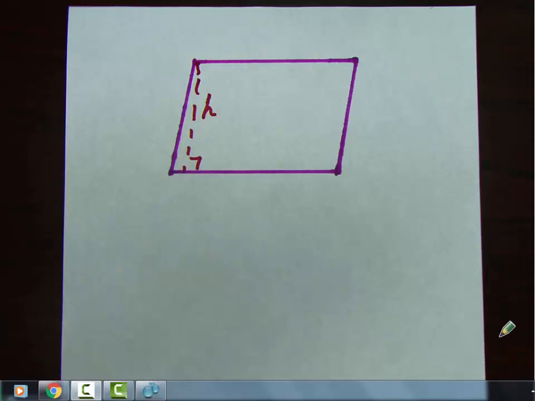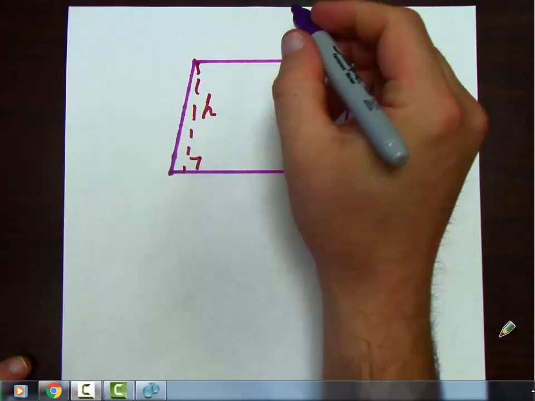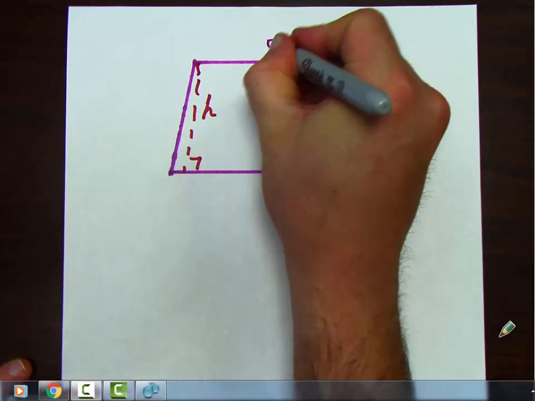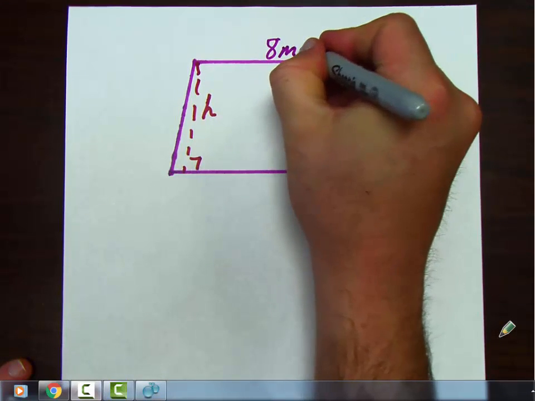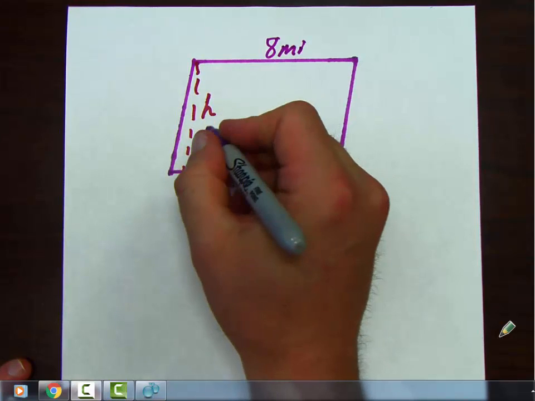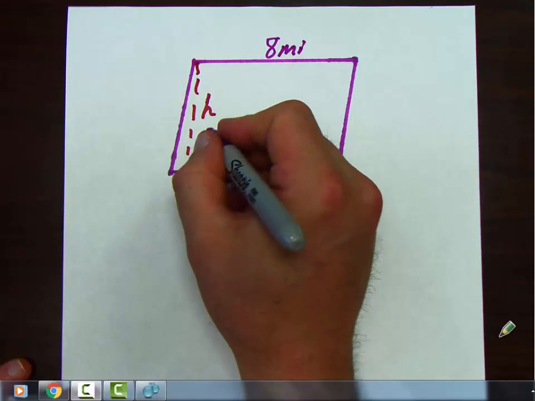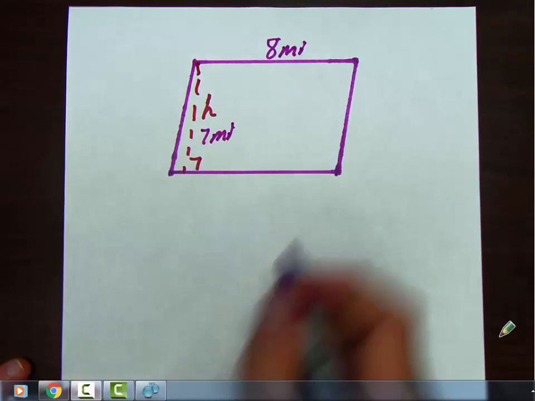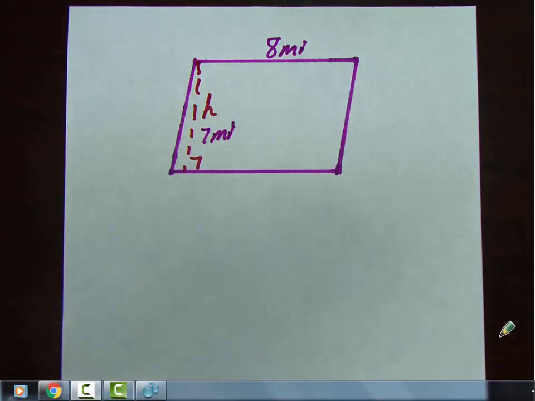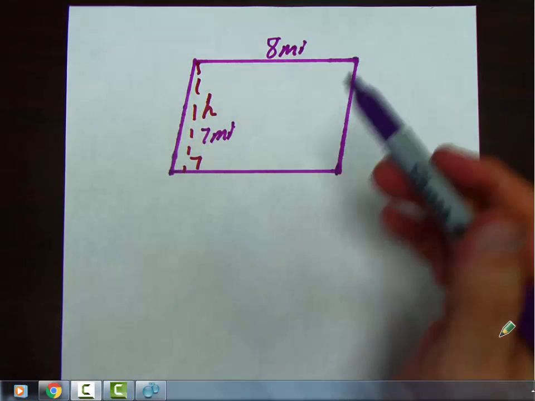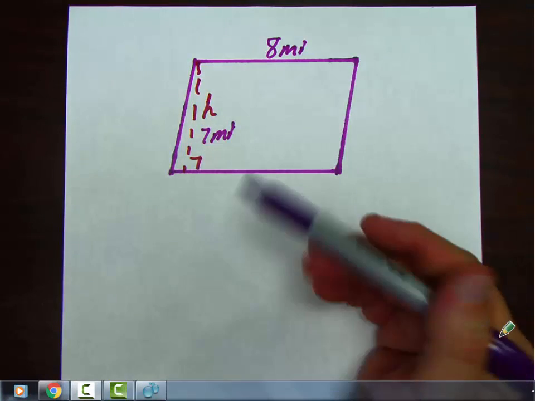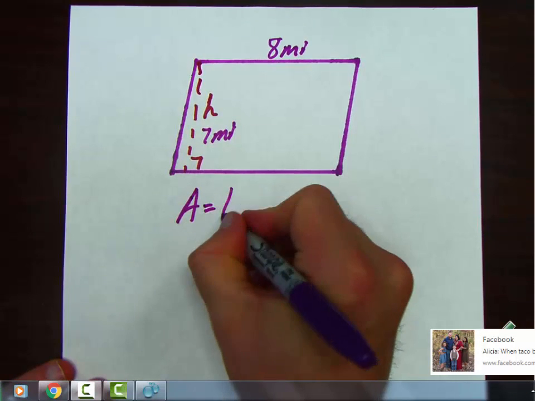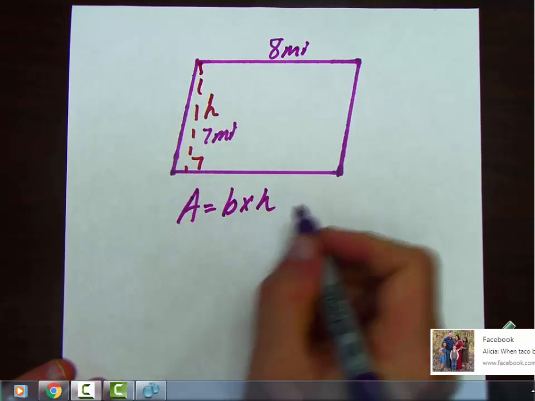So we're going to plug some numbers in here, and I'm going to go 8 miles, and we're going to have a height of 7 miles. And since basically a parallelogram is very similar to a rectangle, our formula is area equals base times height.